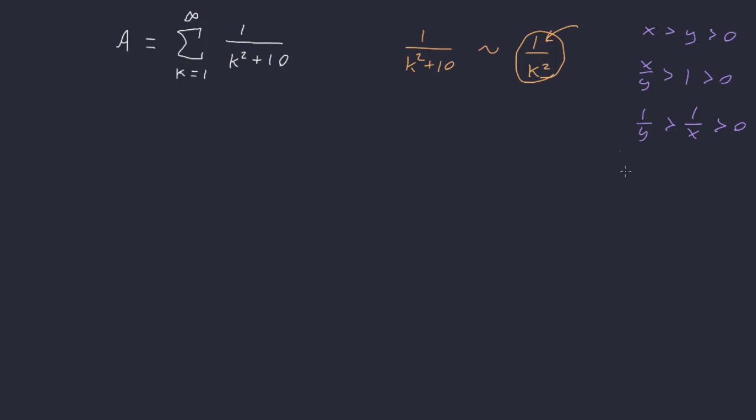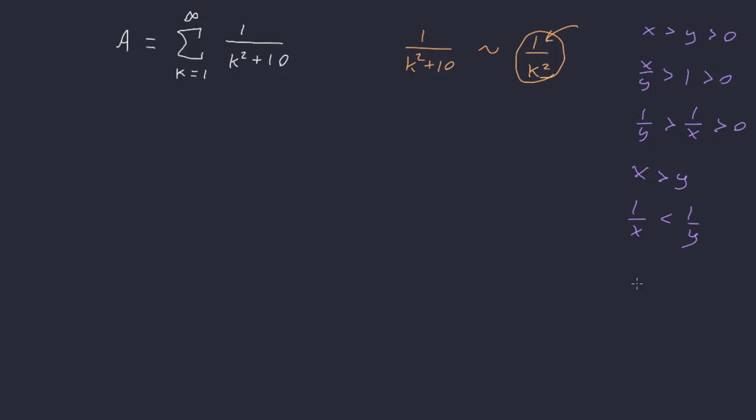So what have we done? If x is greater than y, if we just flip the fraction, we can flip the sign as well. Hopefully you can follow how we did that. If x is greater than y, then 1 over y is greater than 1 over x.